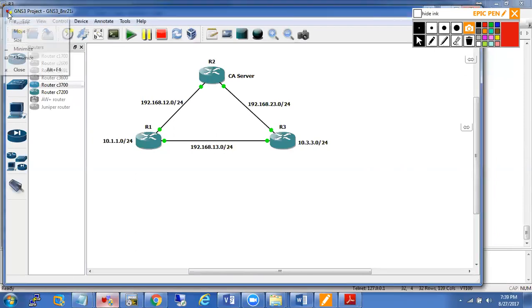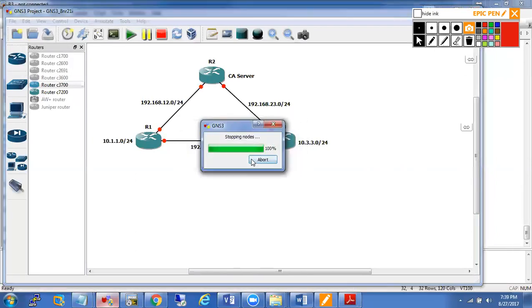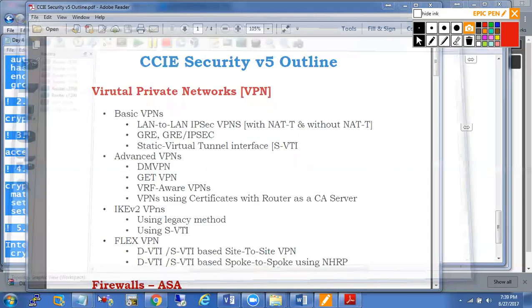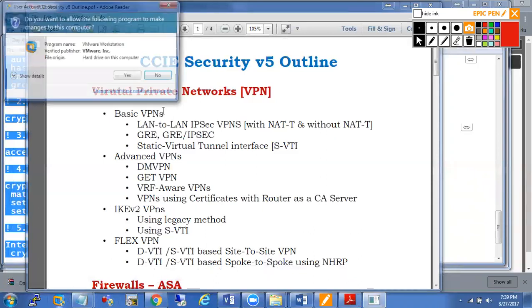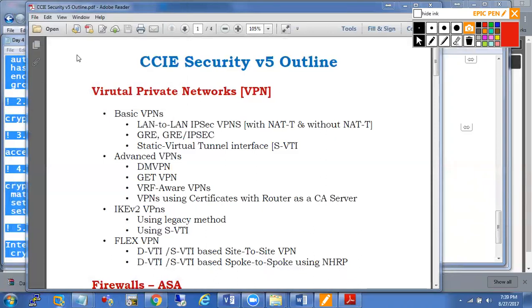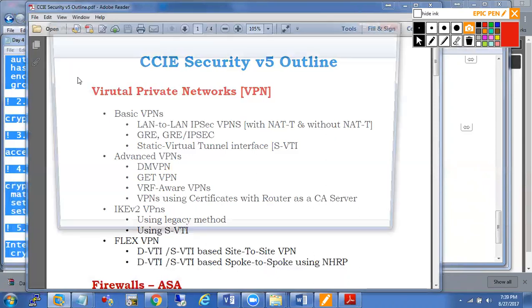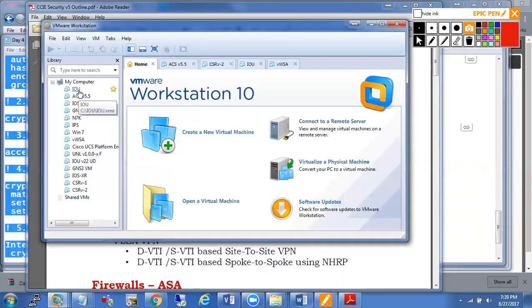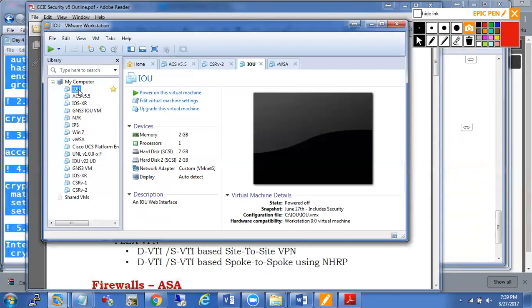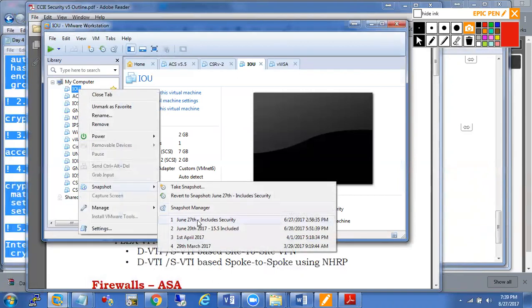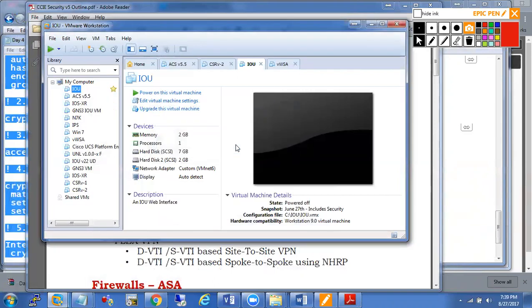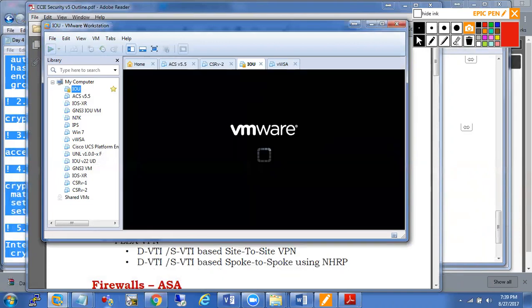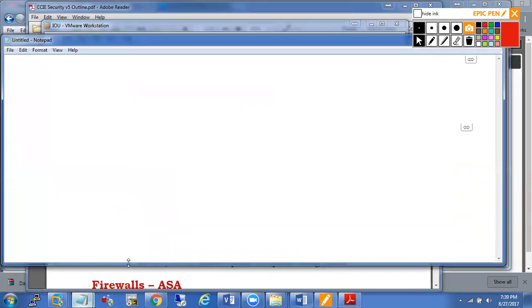Now I can stop it. I don't need it. And in the meantime, I'll start my IOU for my IKEv2. All right, while it's starting, let's now go ahead and take a look at the capabilities of IKEv2.